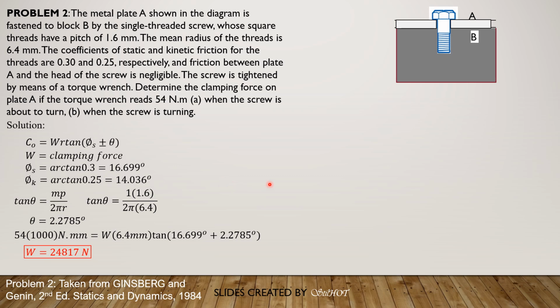Then for part B, we replace phi sub s, 16.699, by phi sub k, and this is still plus 2.2785, and the torque is the same: 54 times 1000 equals W times 6.4 times tangent of 14.036 plus 2.2785 degrees. So solving for W, W equals 28,827 Newtons. So that's it for this problem here.